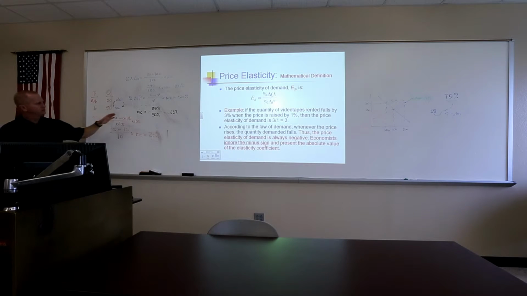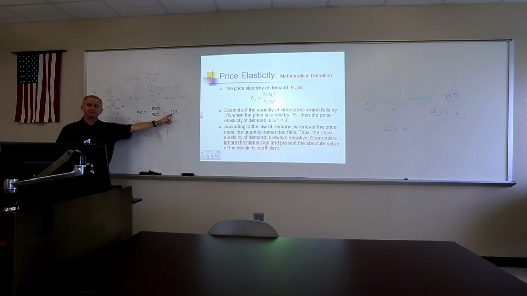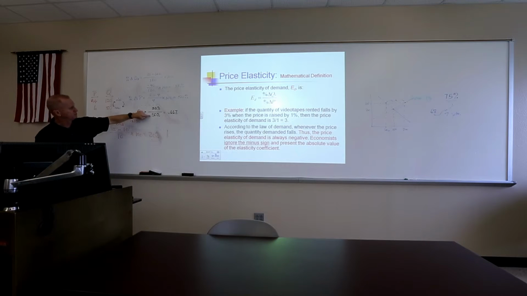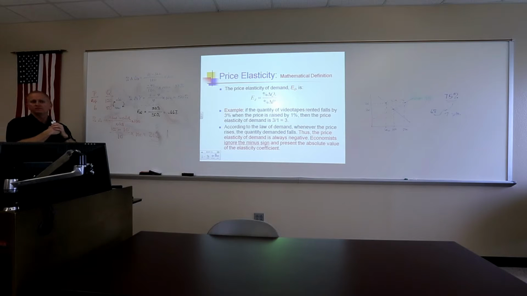If I did this the other way, if I turned it around, I think it ends up being 1.5. So it's not 0.667, it's 1.5. Because basically this would be on top and that would be on bottom. That's what would happen if you did it a second way, because you don't know which one is new and which one is old, or which one was the original amount.